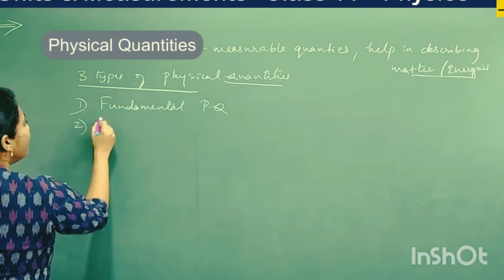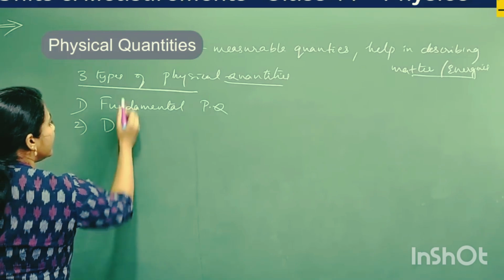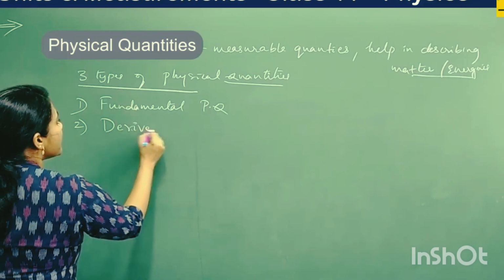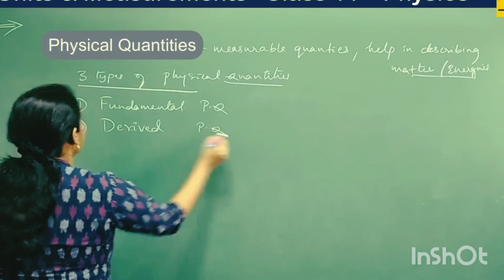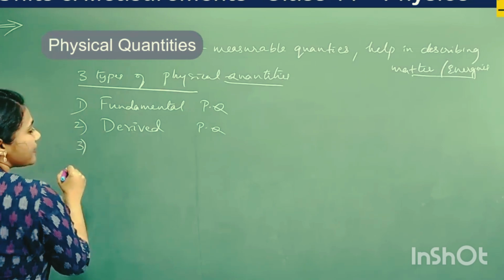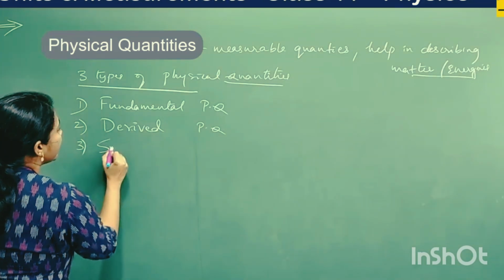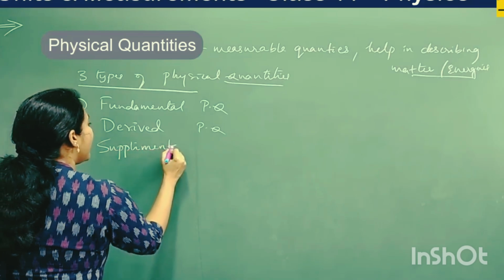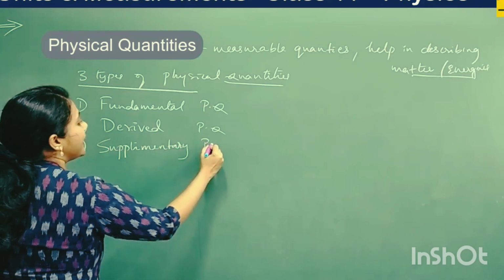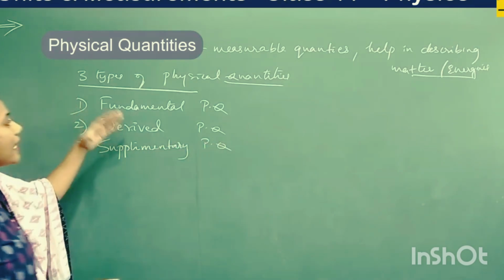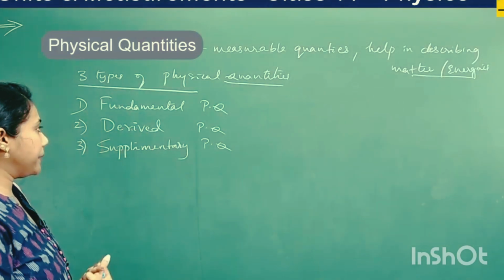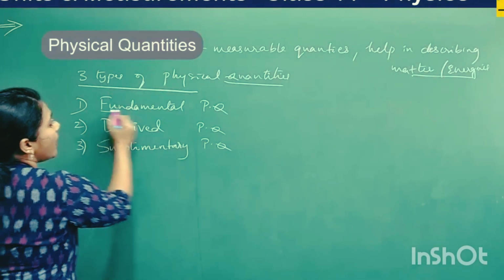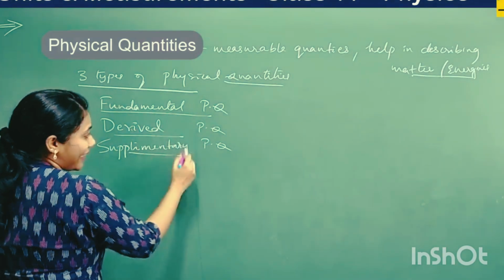Second one, derived physical quantity. And the third type is supplementary physical quantities, or I can also say additional physical quantities. These are the three types of physical quantity. Let us discuss one by one with their units.